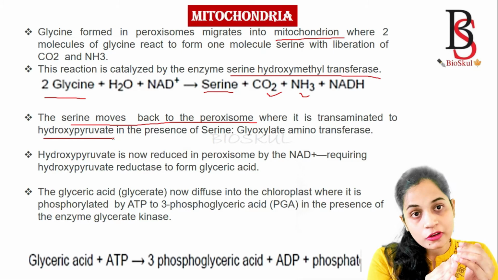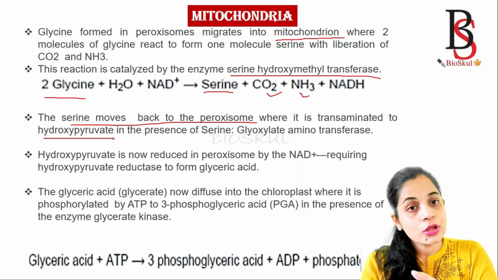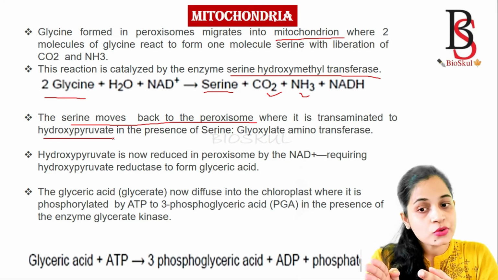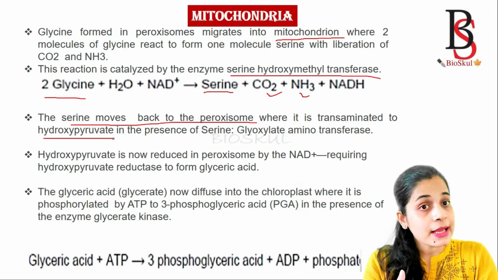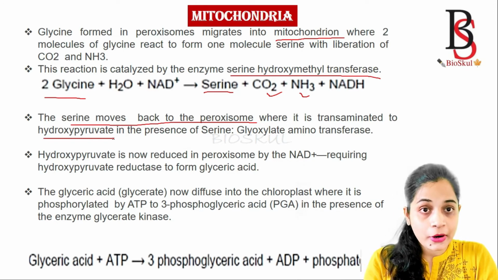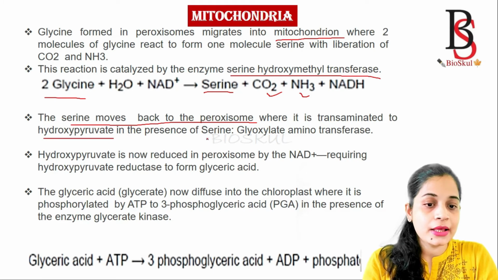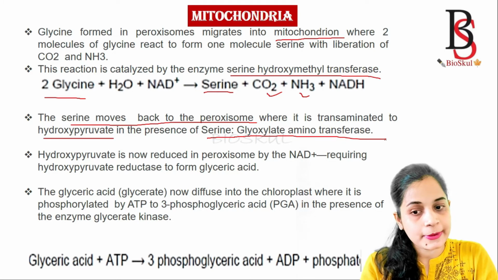Then the glycine is converted into serine. Then that serine moves back to the peroxisome. And in the peroxisome, the serine molecule is transaminated into hydroxypyruvate. For that, there is an enzyme known as serine glyoxylate aminotransferase.